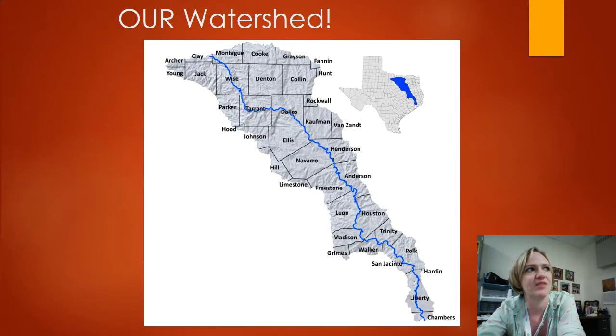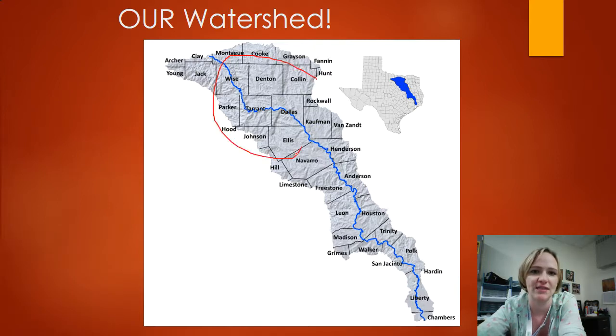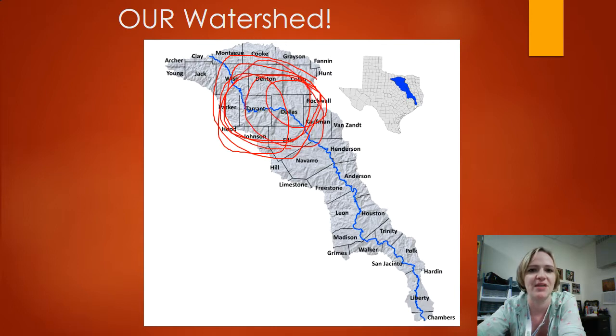And the reason that it smells bad and it's polluted is because it goes through this huge industrial area. Like this whole Collin, Denton, Tarrant, Dallas County, this whole thing right here is just a big city, suburbs, sprawling land of developed surfaces, and we'll talk about why that's kind of bad for the watershed.